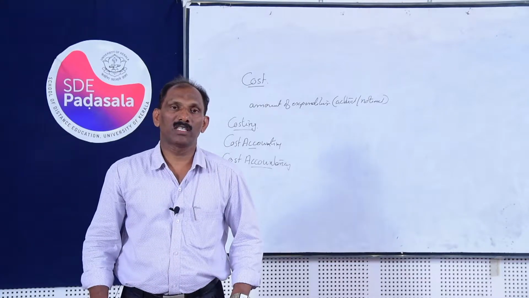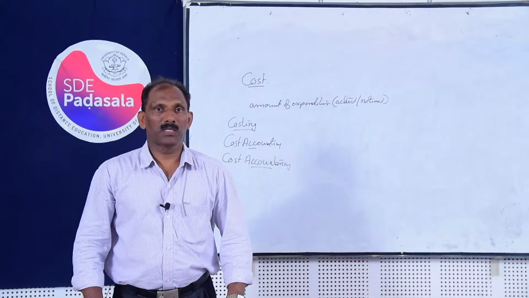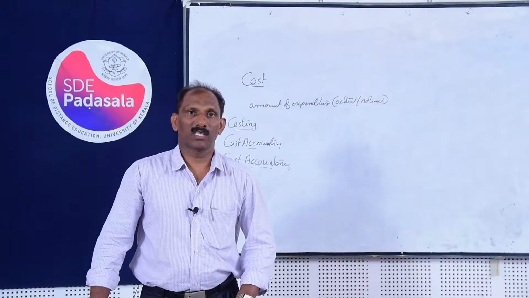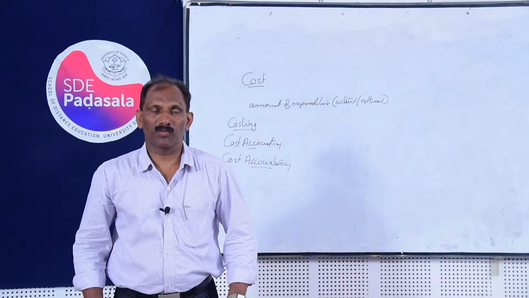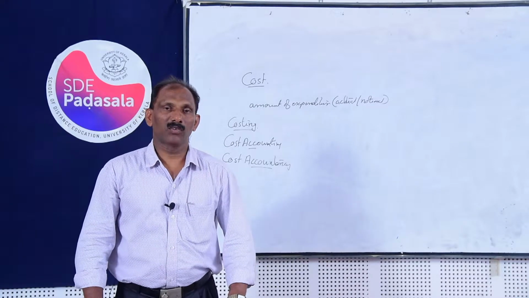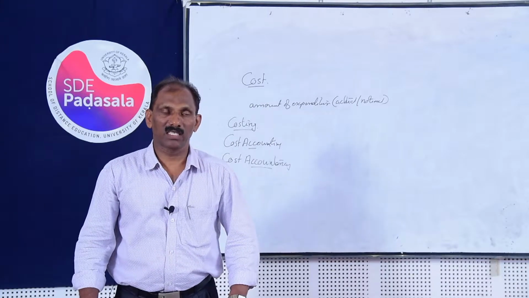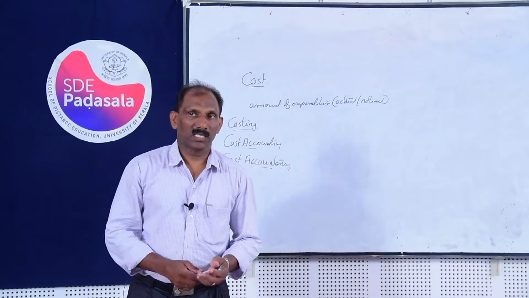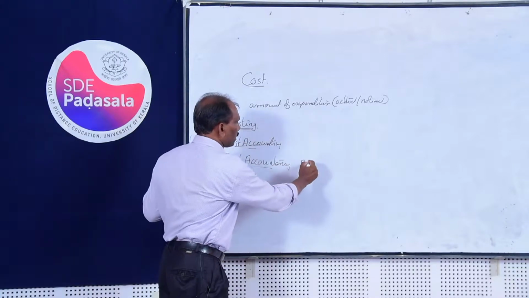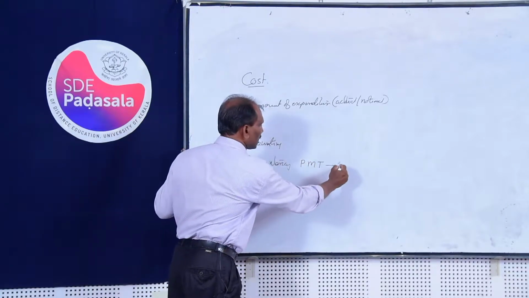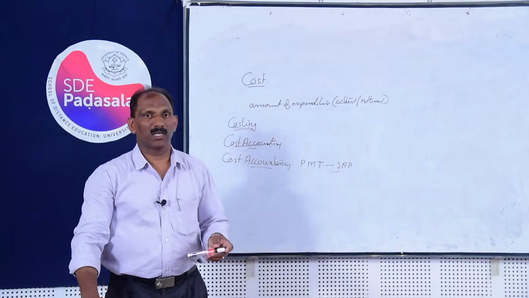ICMA defines cost accountancy as the application of costing and cost accounting principles, methods, and techniques to the science, art, and practice of cost control and ascertainment of profitability. It includes the presentation of information derived therefrom for the purpose of managerial decision making.